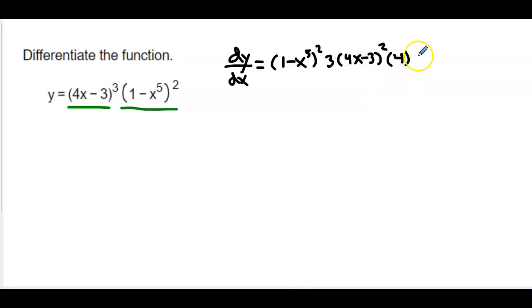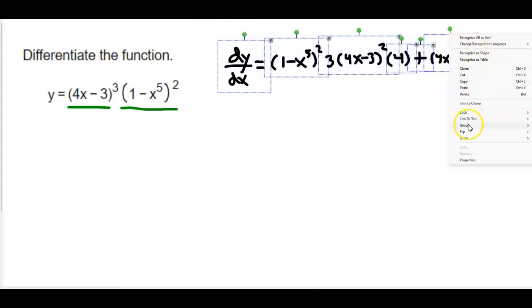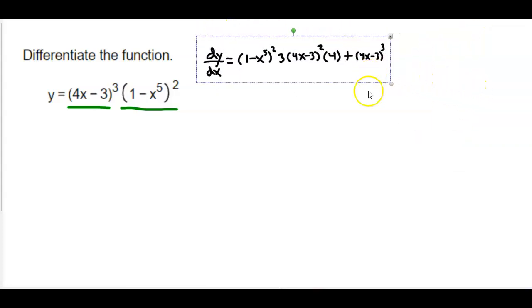Now we'll put a plus sign here, and we'll reverse that order to get the next term. So now we're going to rewrite the first factor, which is this 4x minus 3 cubed. And we'll multiply by the derivative of the second factor, which again, we'll use the chain rule for that.